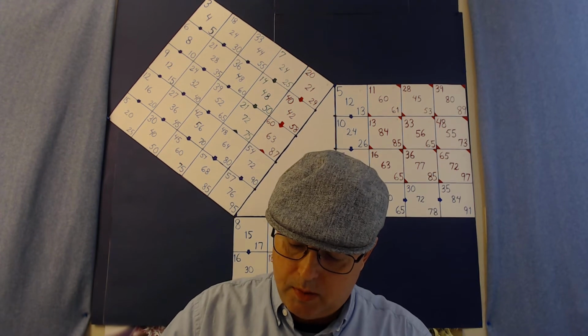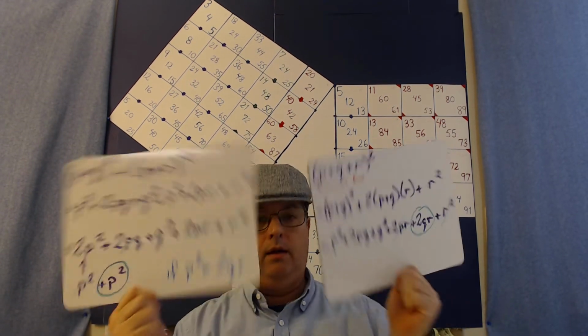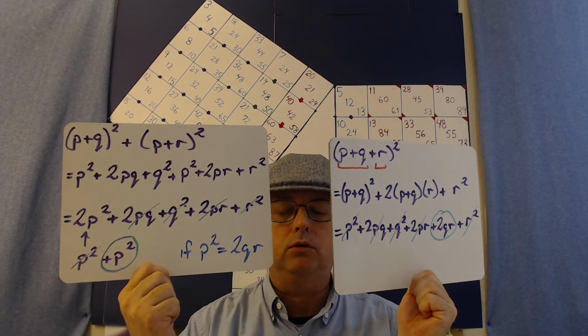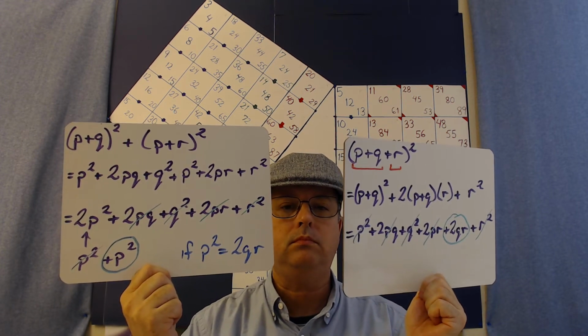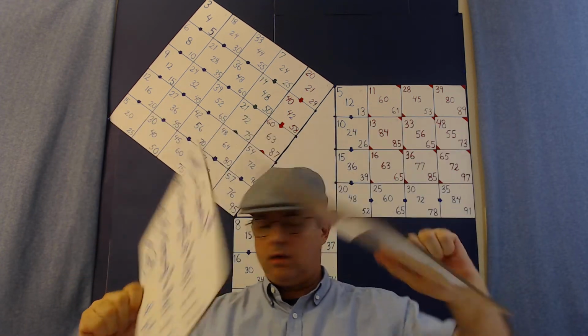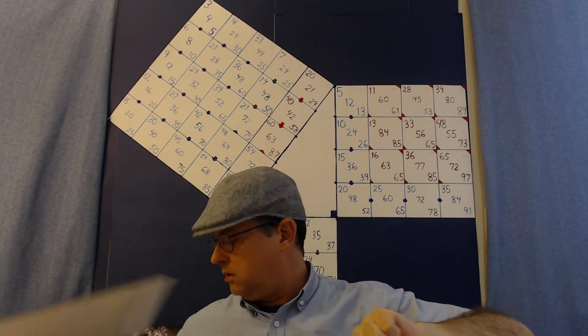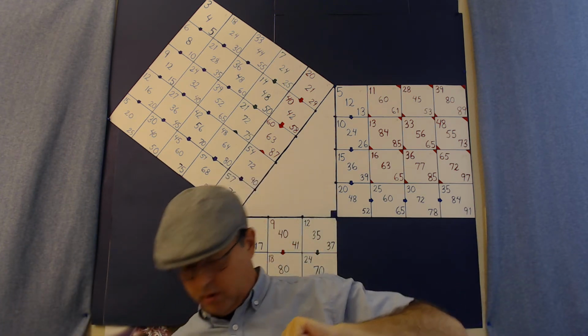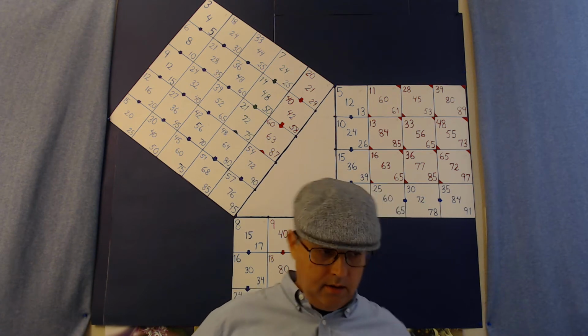So if p squared equals 2qr, then if those things are equal, then the two expressions are equal. Okay, so let's write that down. Trying to save all these slides in case I need them.